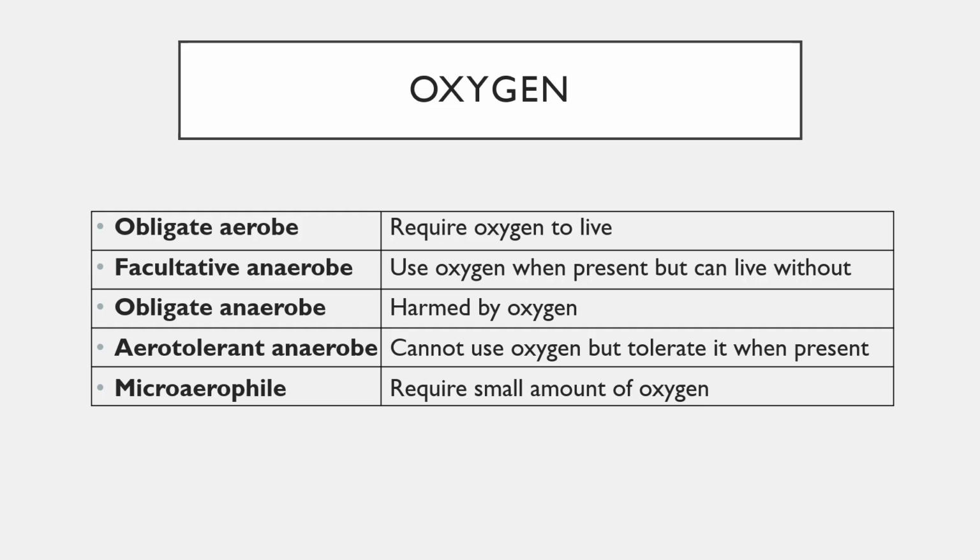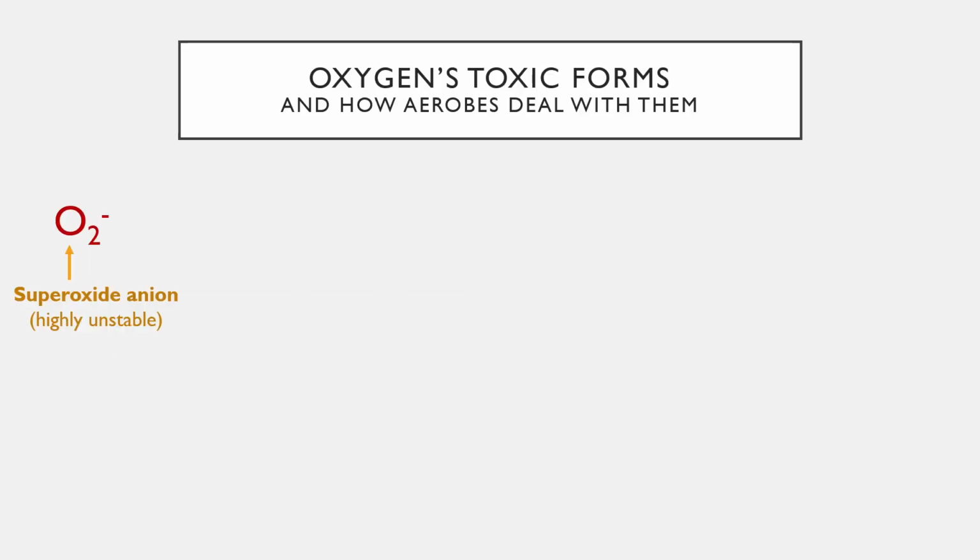Well, it turns out that oxygen's toxic forms are present in all living organisms. When living organisms go about their metabolism and are exposed to oxygen, inevitably, toxic and unstable forms of oxygen called free radicals are formed.